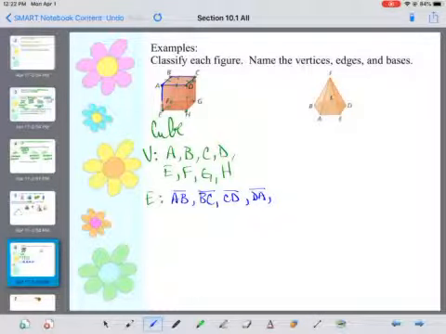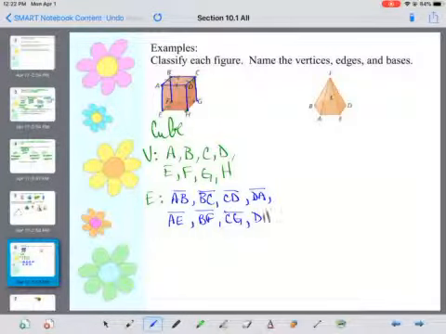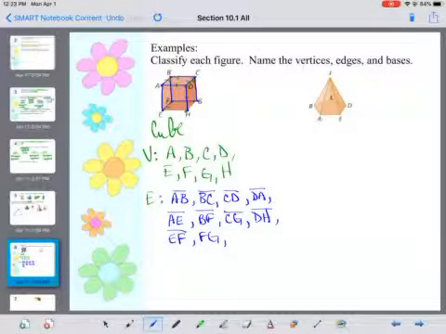Now I'll go AE, BF, CG, and DH. And yes, you do need your hats because you're naming segments. And then I've got EF, FG, GH, and HE.